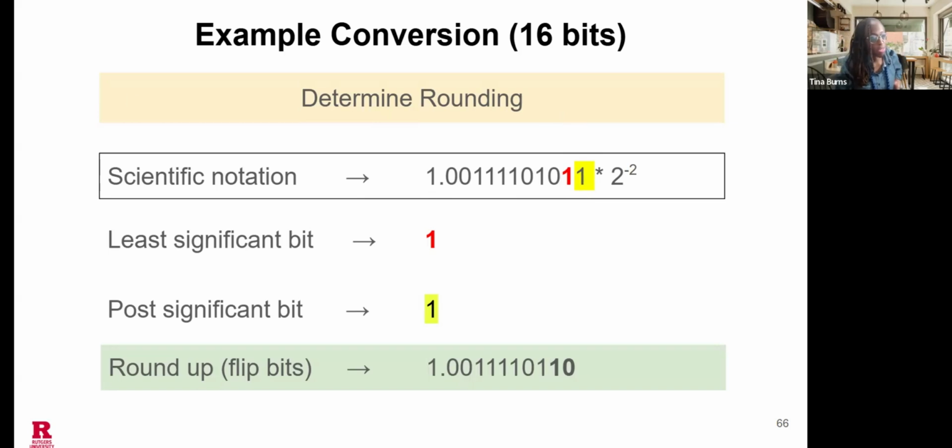I'm going to end up flipping this number to 0. Because that flips to 0, I carry that over here, and this then becomes 1. So that's how we get our final value here of 0, 1, 1, 0.